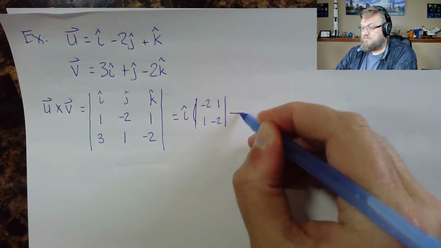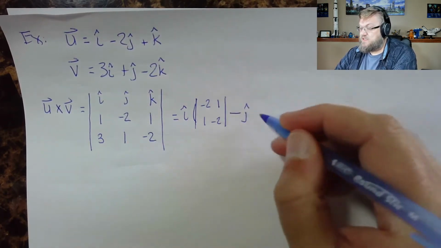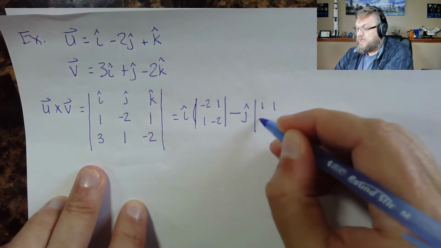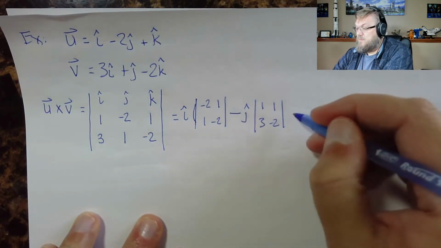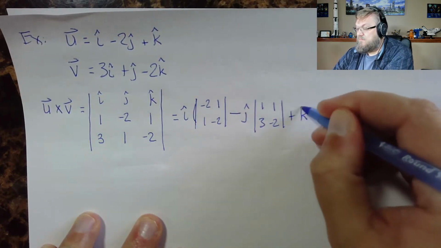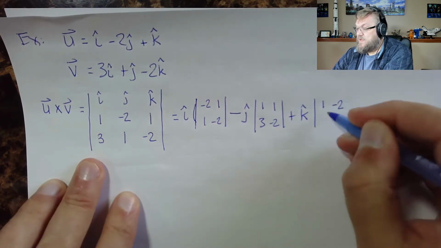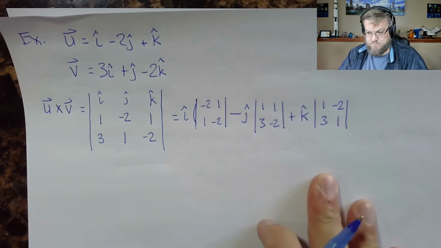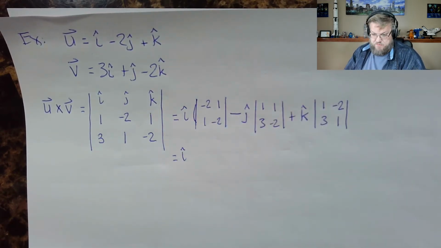Minus j times what 2 by 2? We're going to get 1, 1, 3, negative 2, plus k, 1, negative 2, 3, 1. And now I just complete this by doing those 2 by 2s.